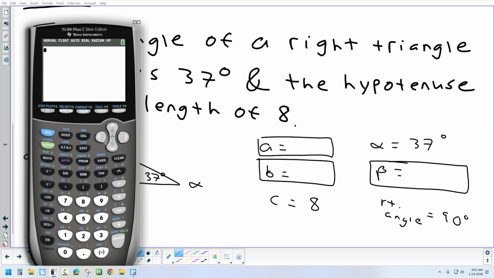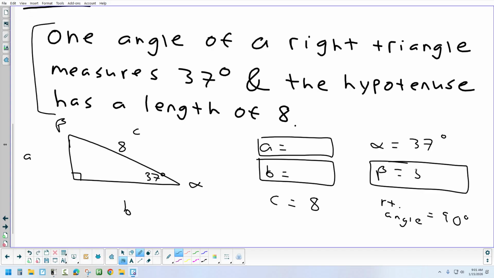Pretty similar, but just maybe one less step to think about. Yeah, we just do 90 minus 37 because we know alpha and beta are complementary. So we could just do 90 minus 37, and that's going to give me 53. Okay, so now I've got beta. Any questions on how we got that one?